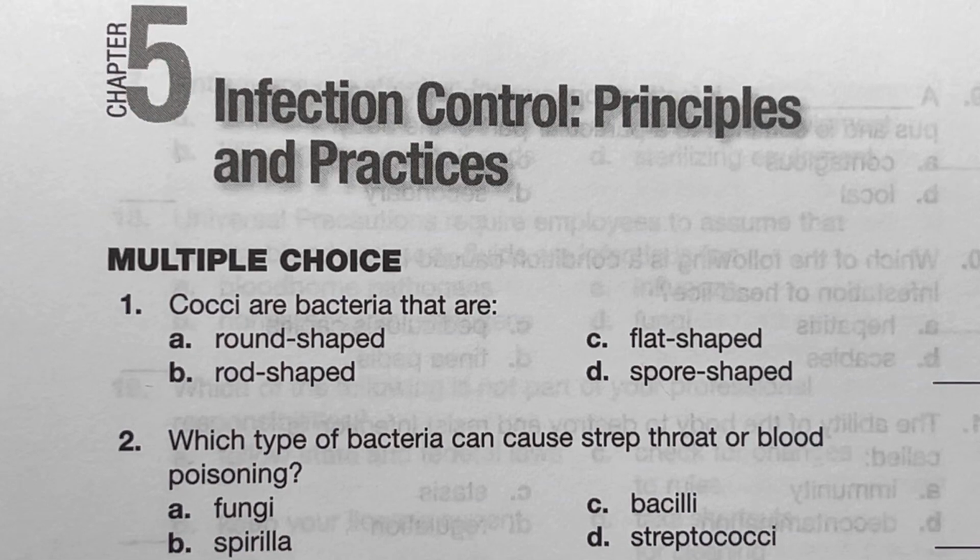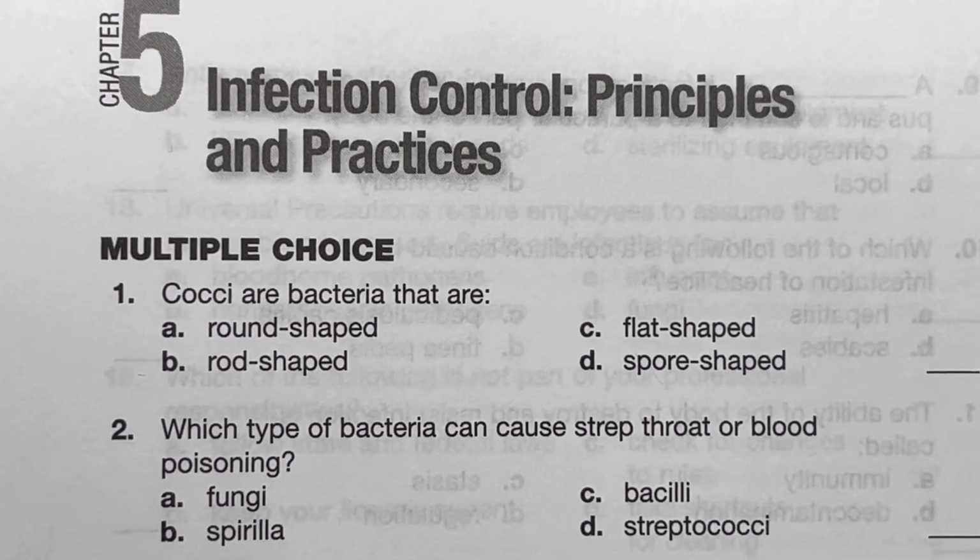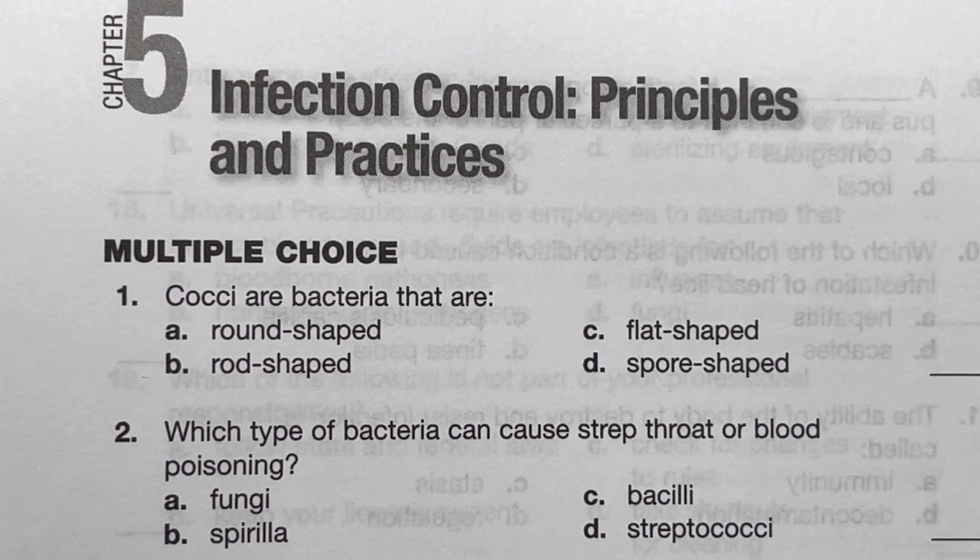Number 2. Which type of bacteria can cause strep throat or blood poisoning? A. Fungi, B. Spirilla, C. Bacilli, D. Streptococci. And the correct answer is D. Streptococci.